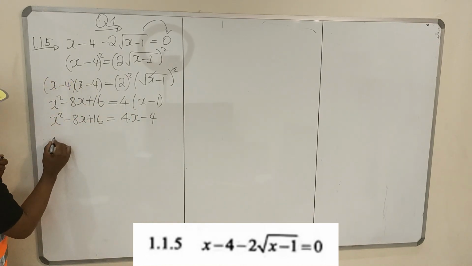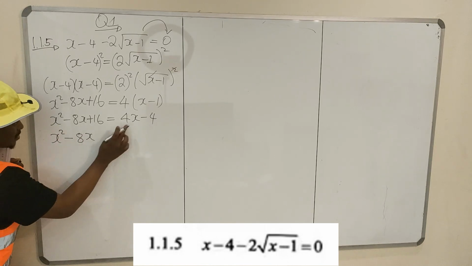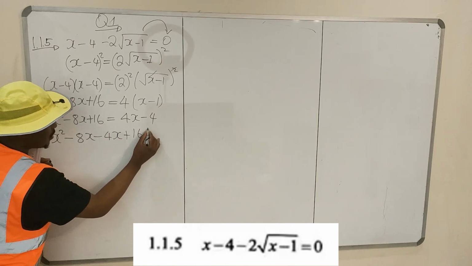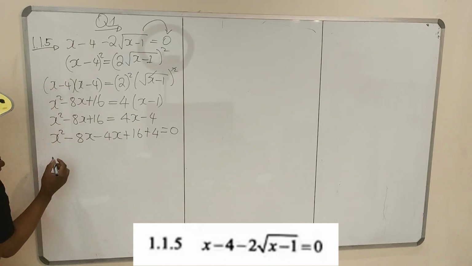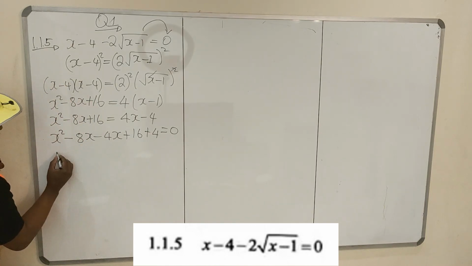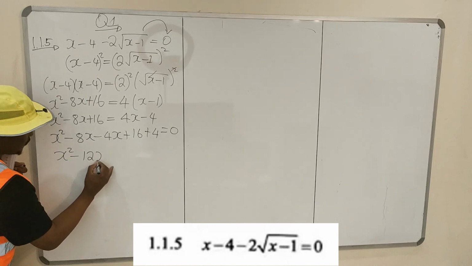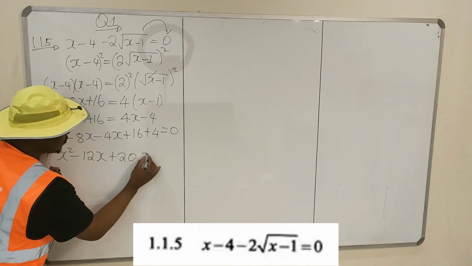Transpose this to the left hand side. So we have x squared minus 8x, right? Yes. Minus 4x plus 16 plus 4 is equal to 0. Then we collect the like terms. x squared, this and that, what do they give you? Minus 12x. Plus 20 is equal to 0.